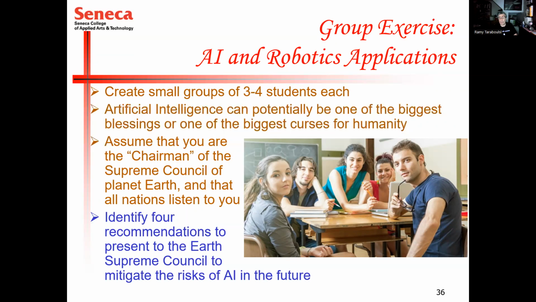If you're the chairman of that Supreme Council of Planet Earth, what would you suggest that we do to this world to ensure that AI remains in check and that morally it would be acceptable to interact with the human beings? Again, the answers are down in the notes, but try to do it yourself as well.